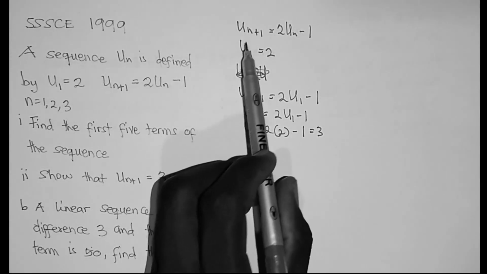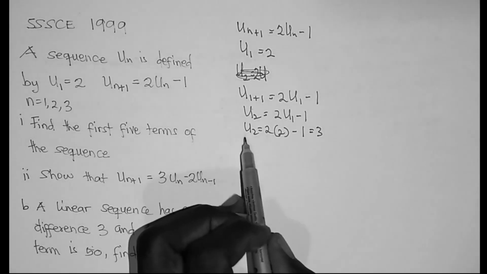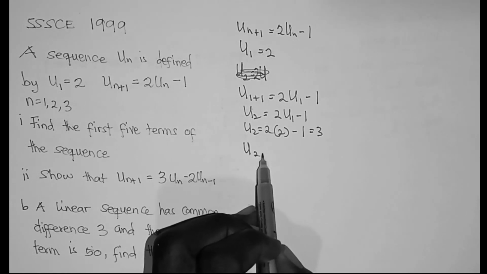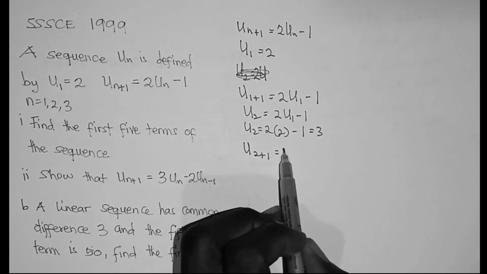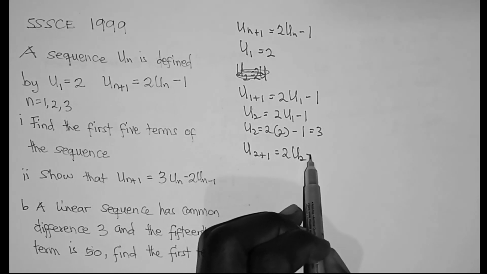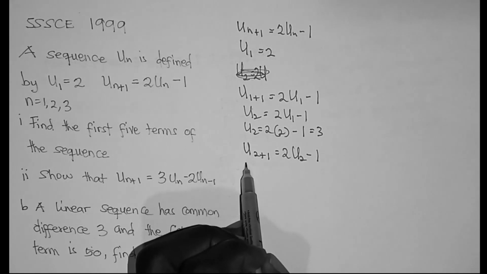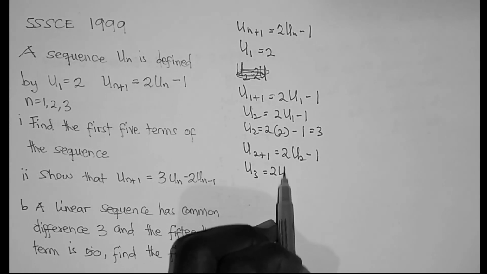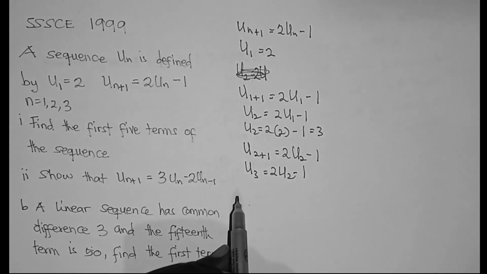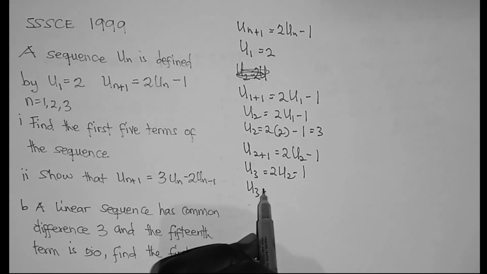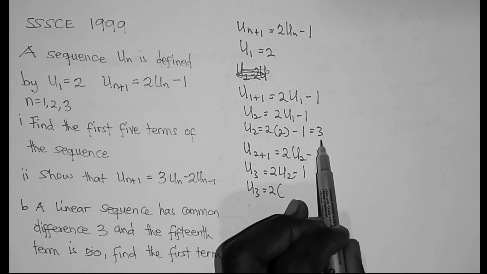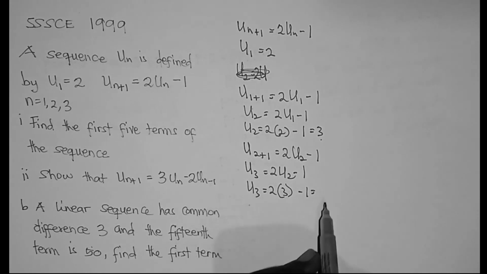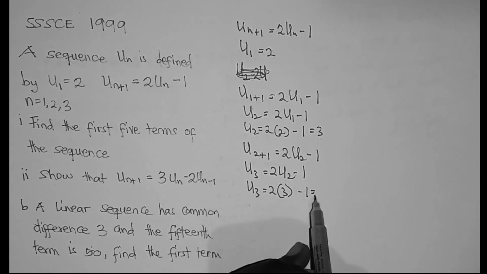So now let's put n equals 2. And that will be u2 plus 1 equals 2u2 minus 1. So u2 plus 1, which is u3, equals 2u2 minus 1. So u3 is equal to 2 times u2, u2 is 3, minus 1. 2 times 3 is 6, minus 1 will be 5.